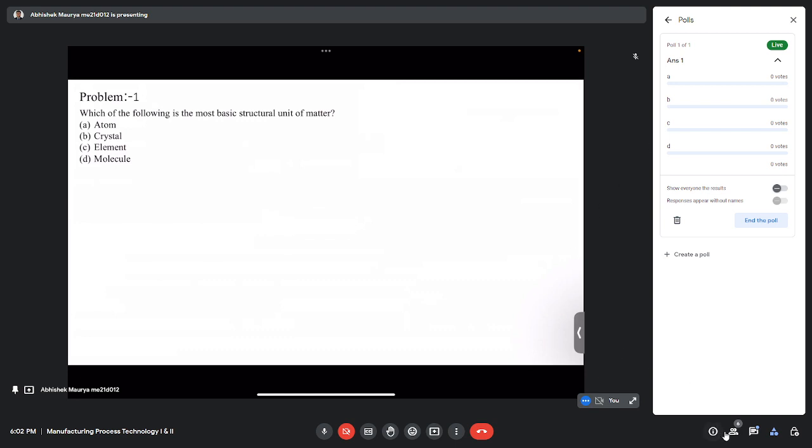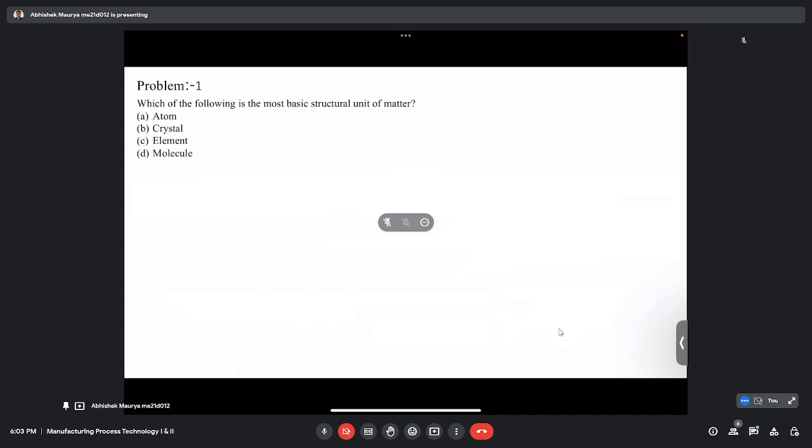I think you are finding difficulty to find poll option in the Google Meet. So even if you find difficulty, then you can write in the chat. You can give your response in the chat box. After that, I will discuss the answer of this question with all of you. Any of you who is finding difficulty to understand what is being asked in the question?